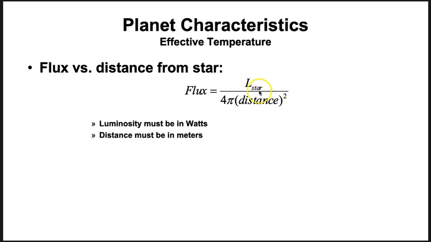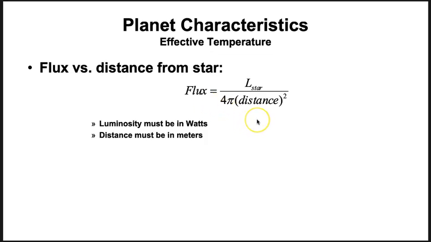You're taking this luminosity from the star, you're dividing it over the surface area over which that light is distributed, and that gives you the amount of energy per unit area, the amount of energy per square meter, and that's what flux is.